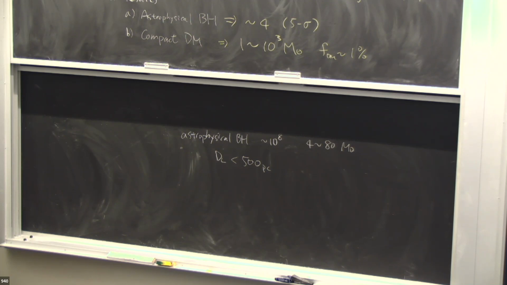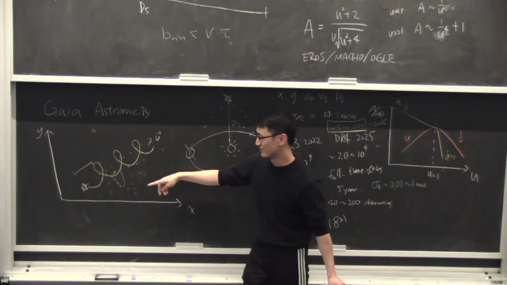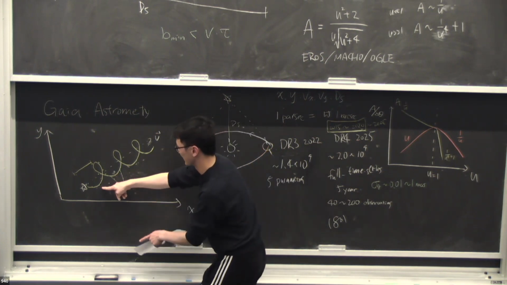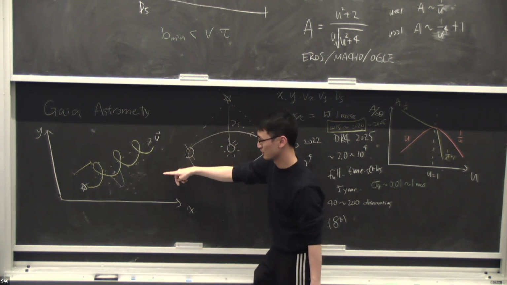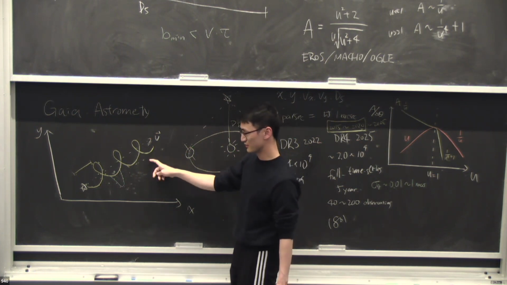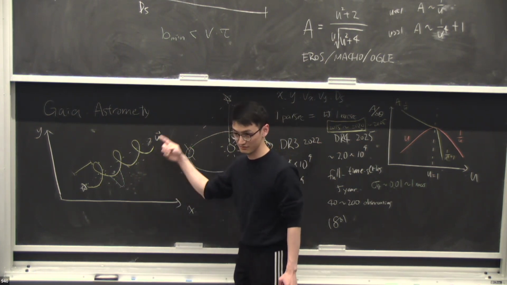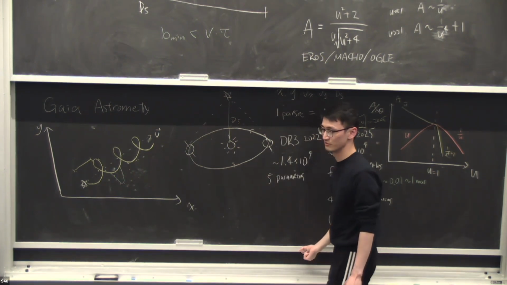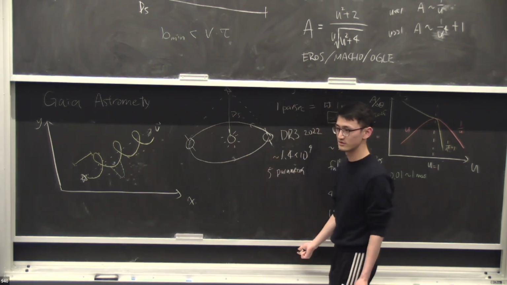If you have a wide binary, the motion could mimic what you would see, a long period thing, right? So we discard those if you can fit it with a 7 parameter model. That gets rid of any contamination from wide binaries.